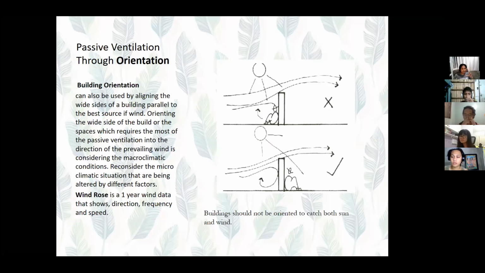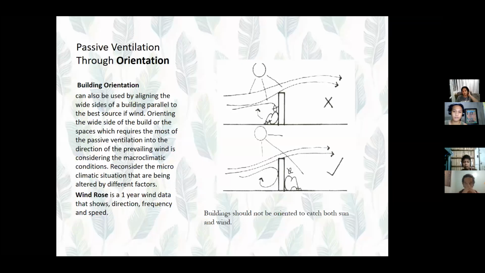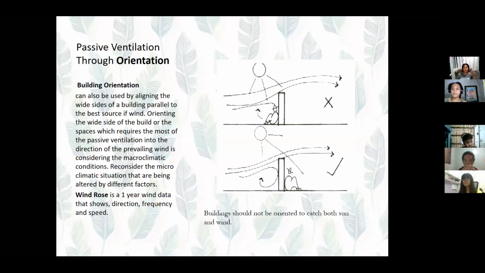Okay? So there's no such thing as one solution. Pinaka-common, you orient your spaces towards the prevailing winds, northeast monsoon o southwest monsoon. Okay?